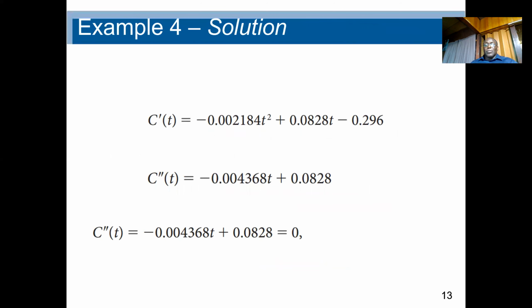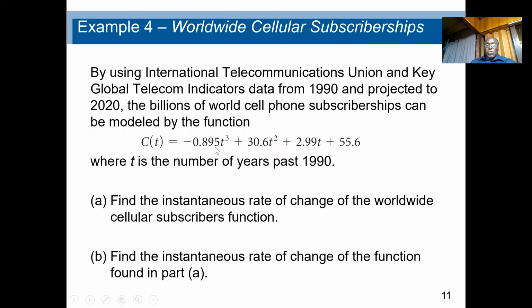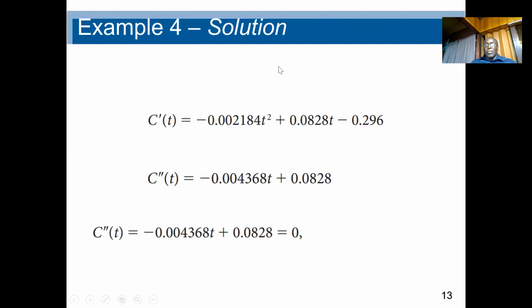So let's start with the first option. We have our function, so we find the first derivative. So the first derivative will be 0.895 times 3 t to the power 2 plus 2 times 30.6 t, then 2.99.